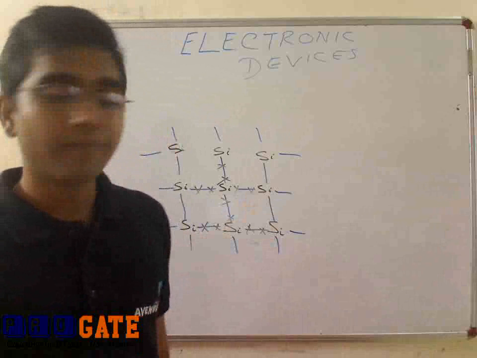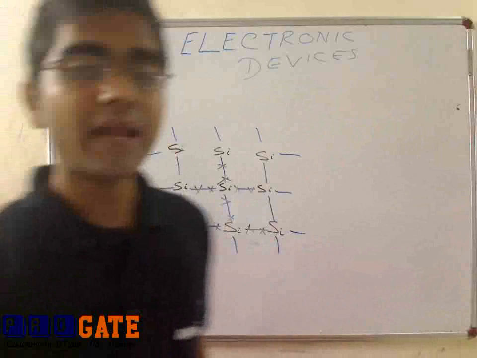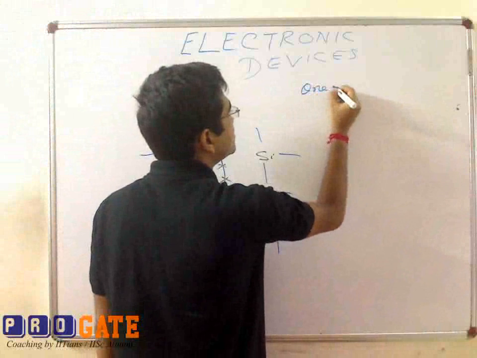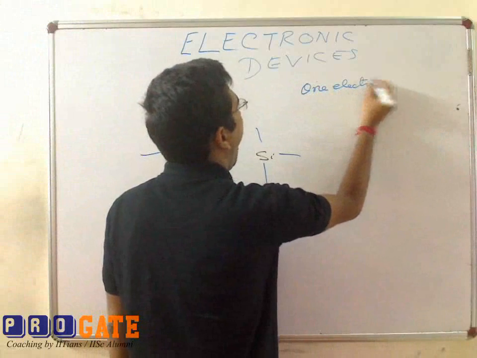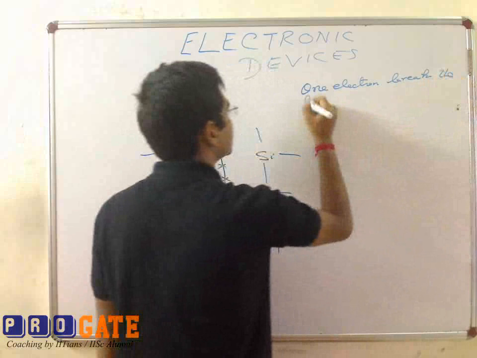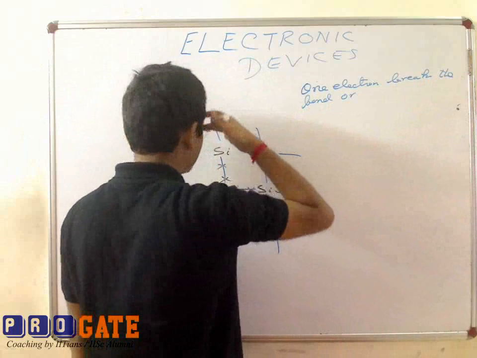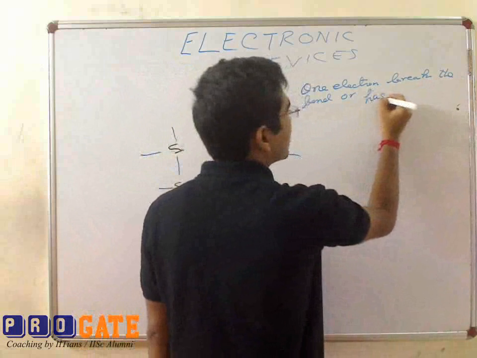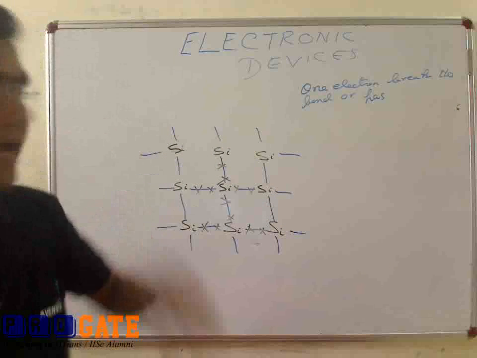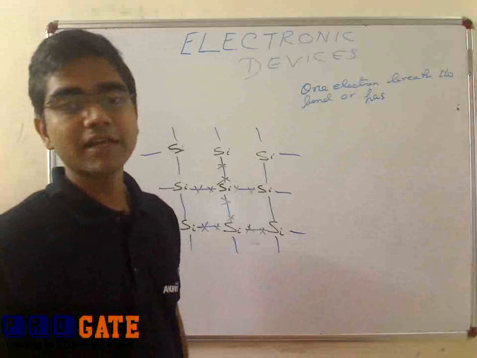If it happens by any chance that a particular electron breaks its bond, or suppose one of the electrons breaks the bond or has an insufficient number of electrons to pair with.